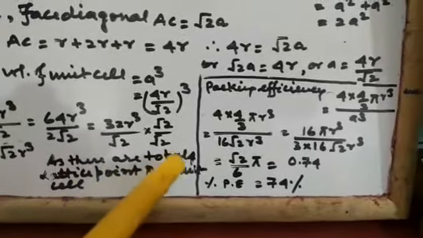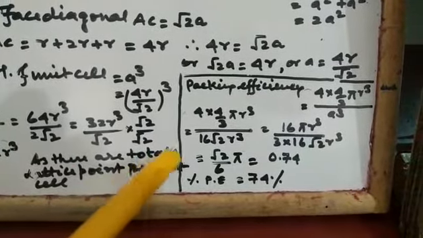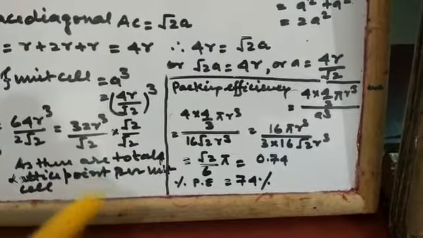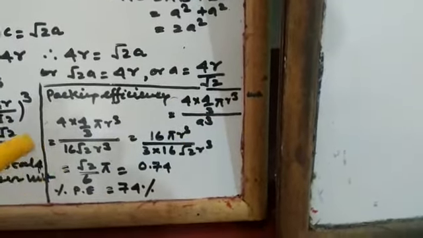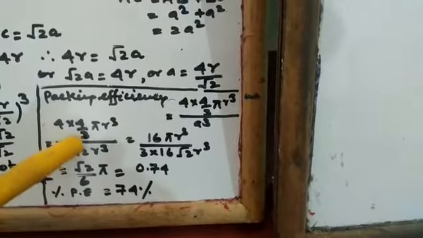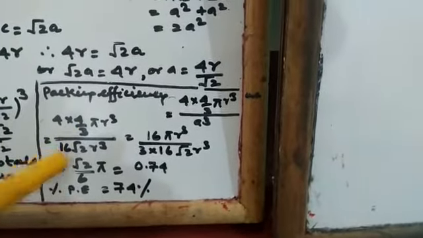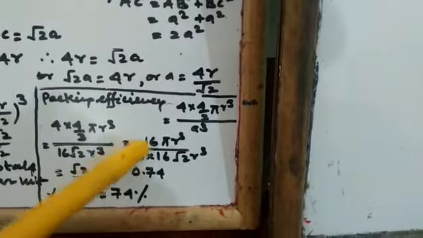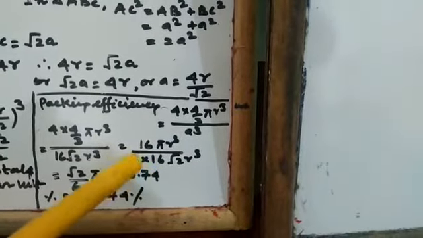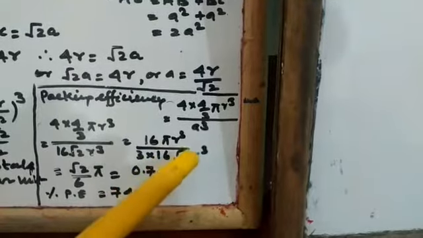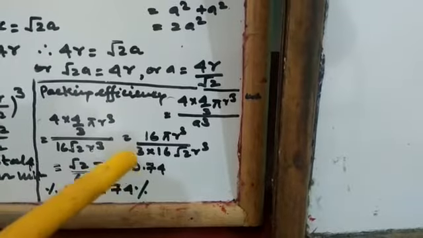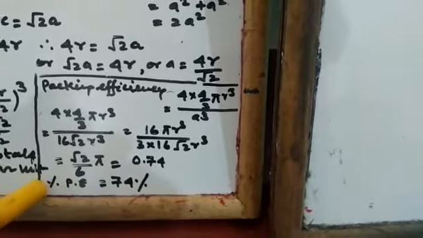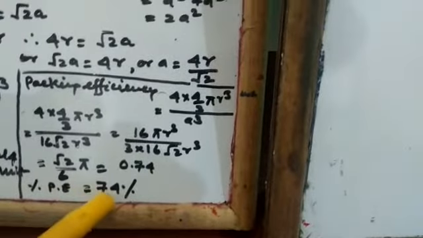As there are 4 lattice points per unit cell, packing efficiency is equal to 4 into 4 by 3 pi r cube divided by A cube, equal to 4 into 4 by 3 pi r cube divided by 16 root 2 r cube, which is equal to pi by 3 root 2, or root 2 by 6 pi. On solving we get 0.74. So percentage packing efficiency equals 74%.